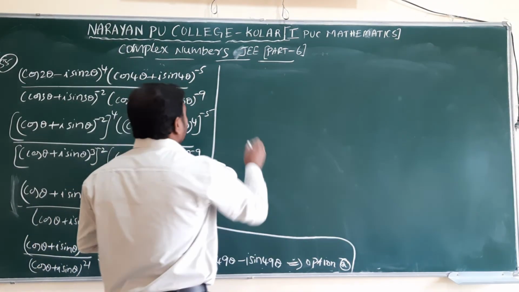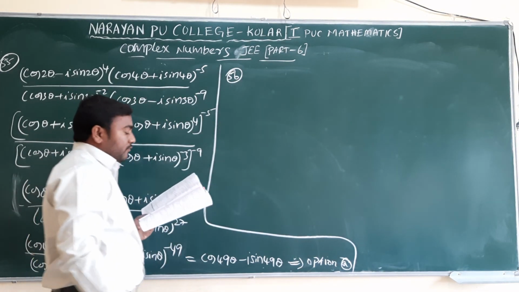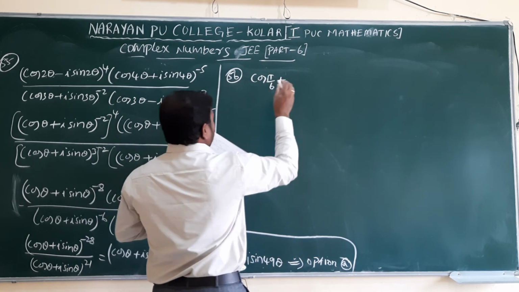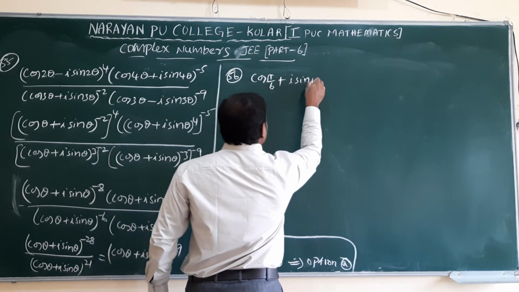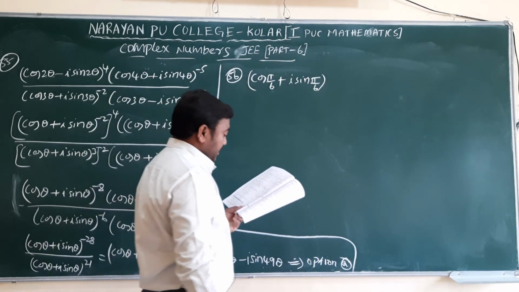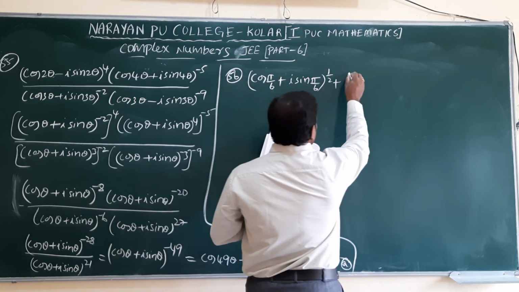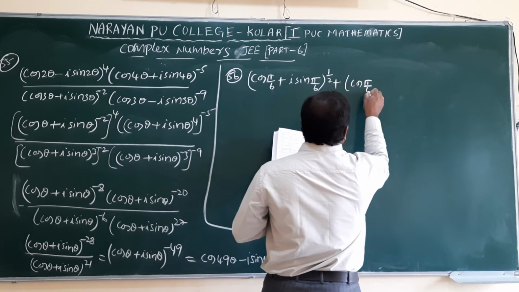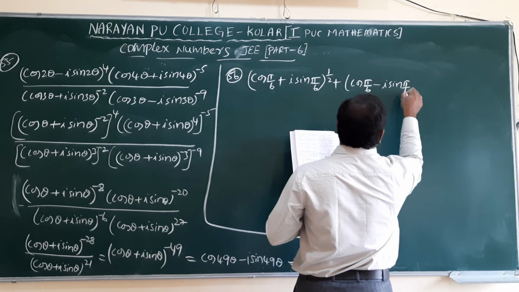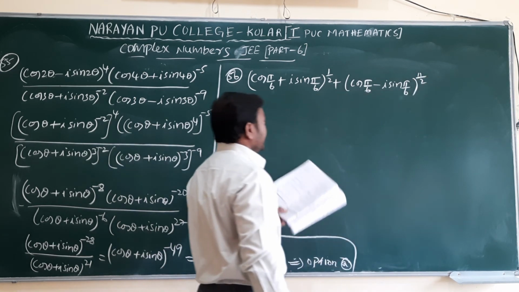This is question number 56. One of the values of (cos pi/6 + i sin pi/6) whole power 1/2 plus (cos pi/6 minus i sin pi/6) whole power 11/2 is.